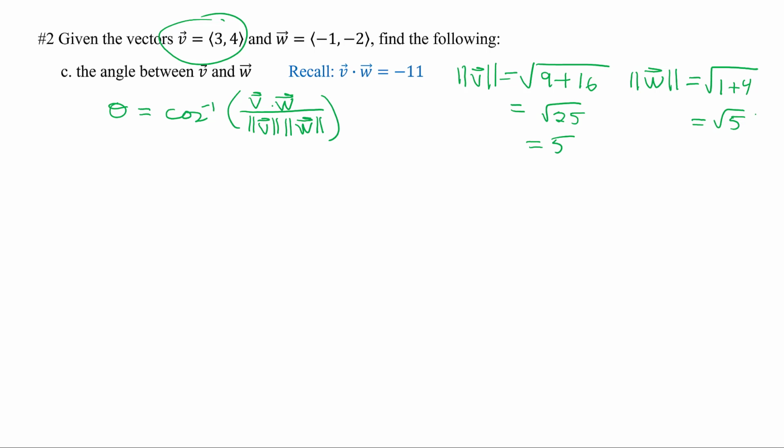So let's go ahead and see if we can solve for theta. Theta then would equal cosine inverse of v dot w, which we found to be negative 11, divided by the magnitude of v, which is 5, times the magnitude of w, which is square root of 5.